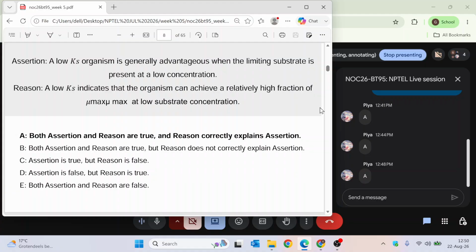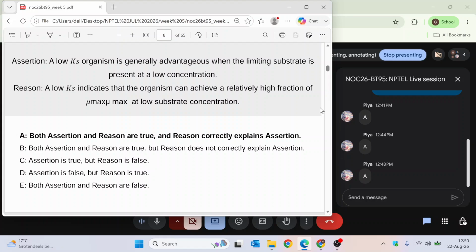When we talk about a limiting substrate, it means that this substrate is present at a very low concentration compared to other substances in the media. So at low Ks, that means when the organism has a higher affinity, it can grow efficiently and achieve a significant fraction of the mu max.